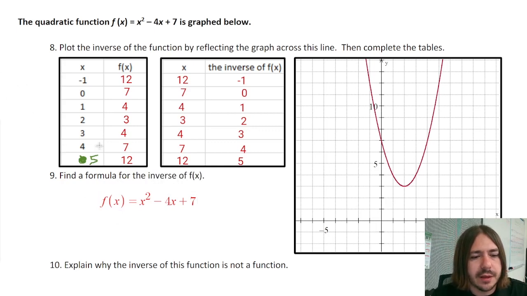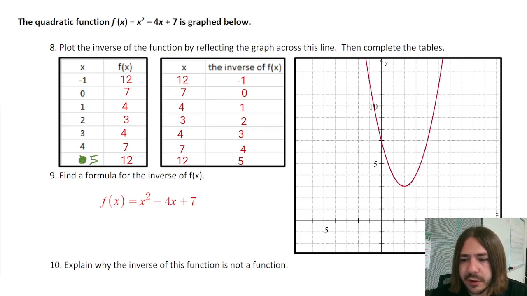Now, got 12 comma -1. Is that even going to fit on here? Let's see, 5, 6, 7, 8, 9, 10.